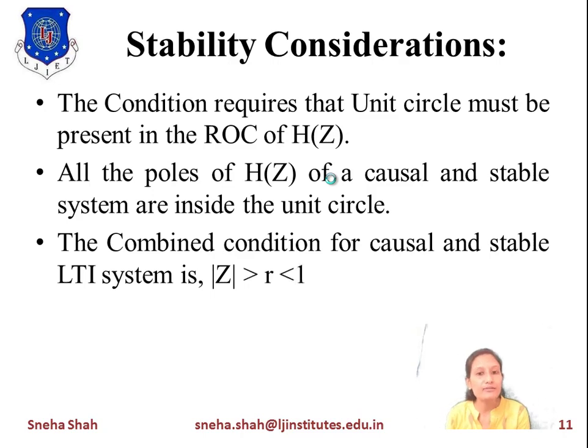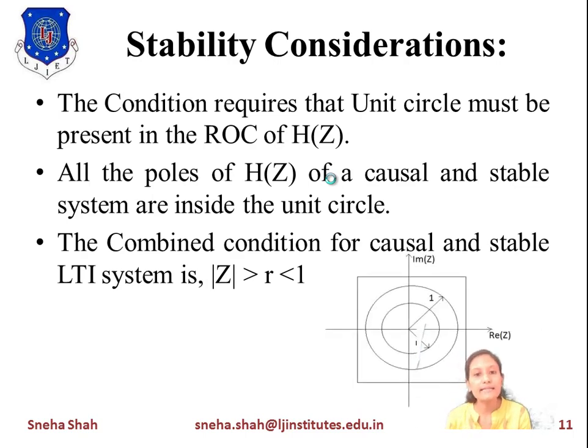of a causal and stable system are inside the unit circle. So the combined ROC is represented as mod z should be greater than r for the causal sequence, and the value of r should be less than 1, because if we take r less than 1, it represents inside the unit circle, and only then will the system become stable. So it is represented in the pole-zero diagram like this.